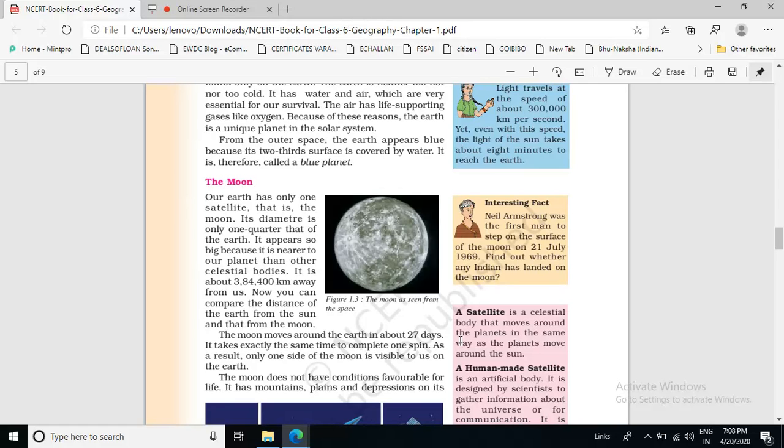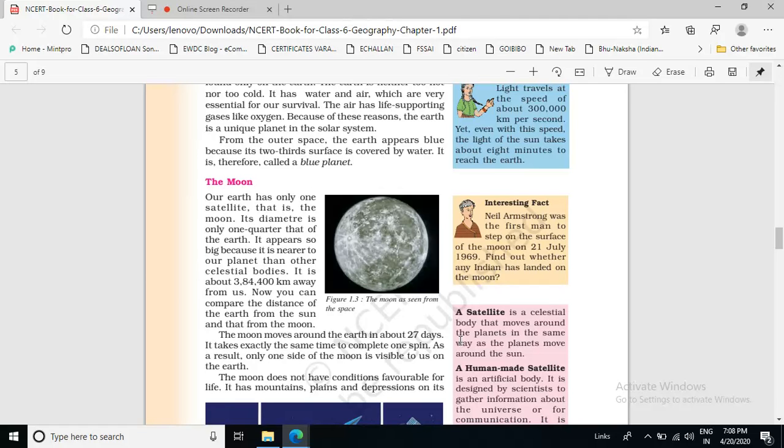Okay, but the sun is much bigger than the moon, yet we see that the moon looks bigger to us. Stars look very small to us, but the moon looks very big to us. Why is it so? Because the moon is very near to us.